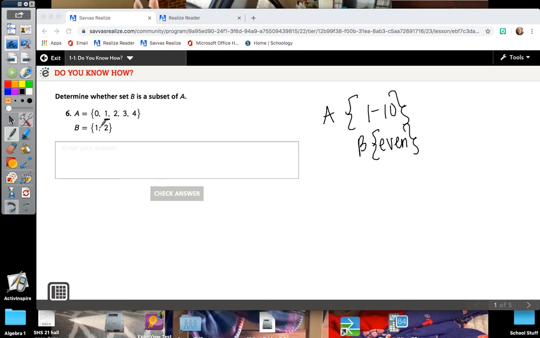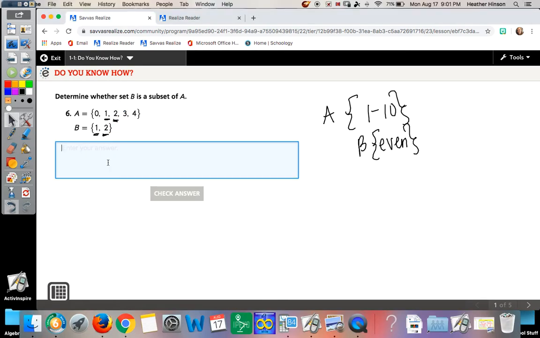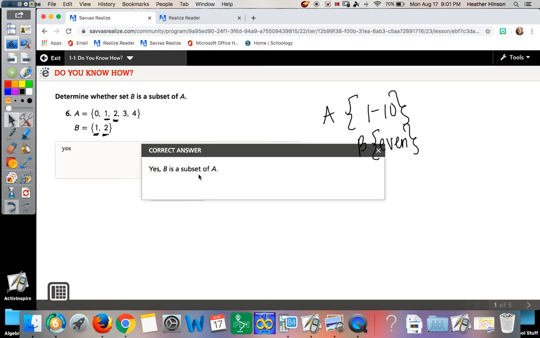Well, we have 1 in both of them, and we have 2 in both of them. It doesn't have to have everything in common, but all of your numbers in B have to be inside of A. So yes, B is a subset of A because all of B is inside of A.